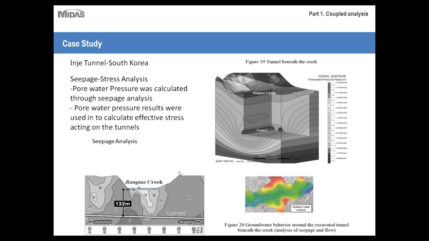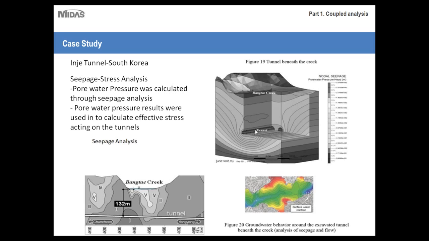Here we have a tunnel that's built below the Bangtae Creek, about 132 meters below. This creek, depending on the season, would have various water levels. What the engineers did was calculate the effects of seepage for a maximum water level, or a high rainy season. Then, using their finite element modeling, they analyzed the seepage and got the pore pressure loads acting directly on the tunnel lining.